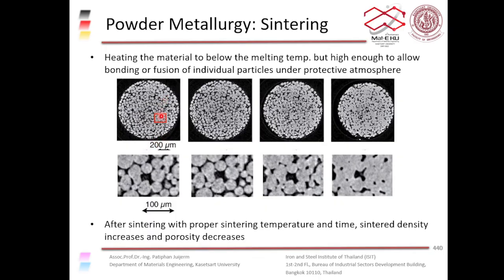So you start off during the sintering process, you can see there are a lot of holes, a lot of empty spaces, right? And if you sinter for longer and longer time, you can see that the particles start to fuse and bond together into bigger and bigger particles, and you have smaller holes, less empty space basically.